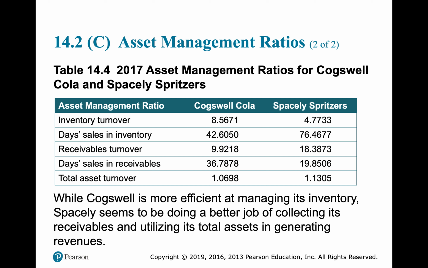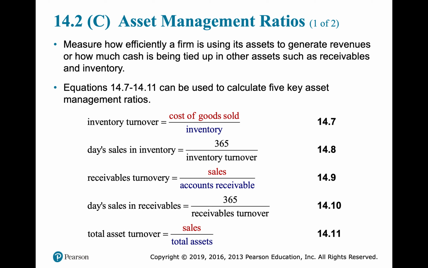And then we can look at total asset turnover. Now remember, I said before that what we want to see is a larger number here because we want sales to outpace assets, because that's what we hope to do as financial managers: we hope to make investments in assets that then generate more sales.